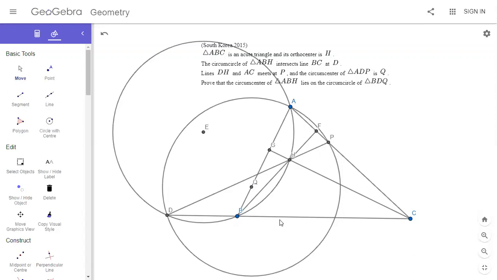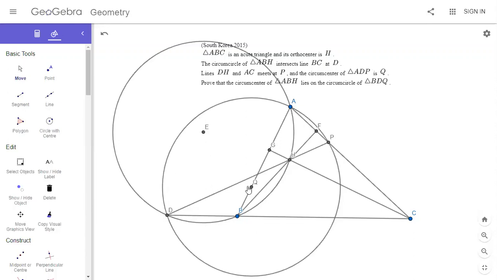And we can angle chase a lot of these. We know angle ABD is 180 minus angle B. We should be able to angle chase all the angles of triangle EDB.